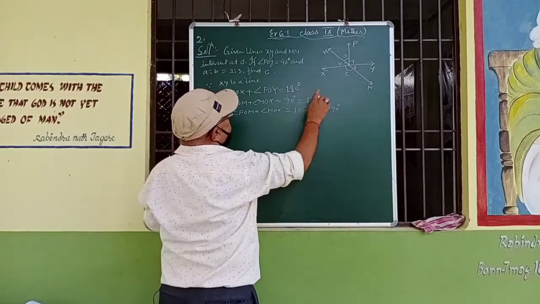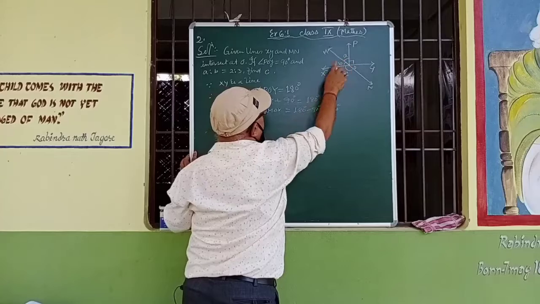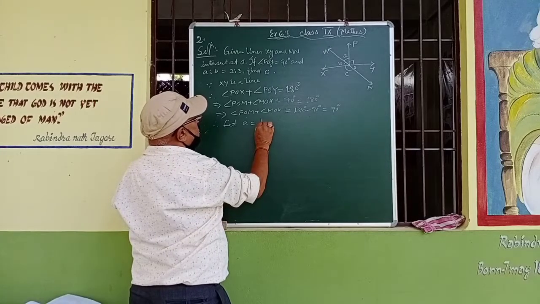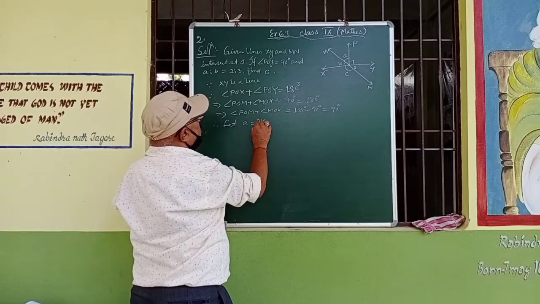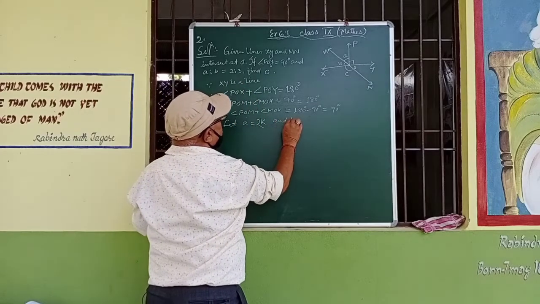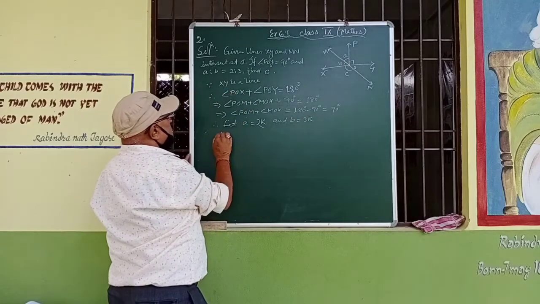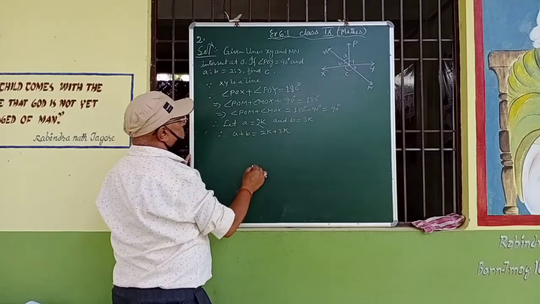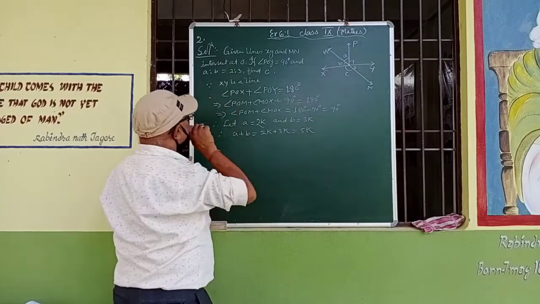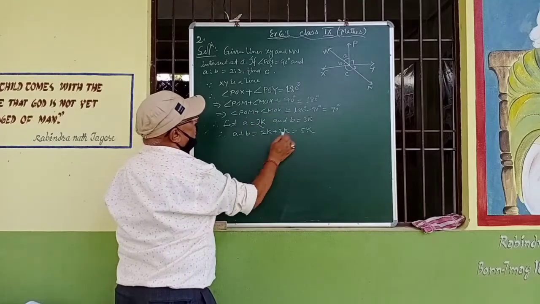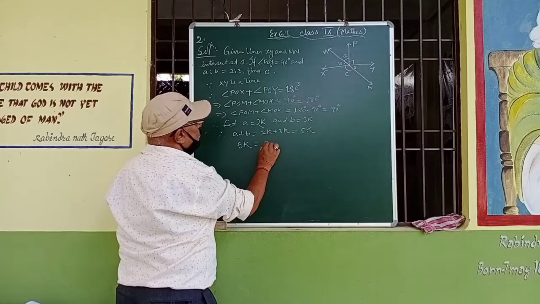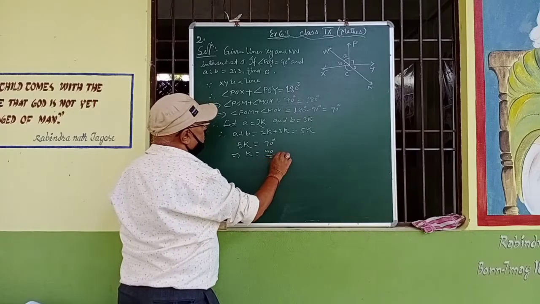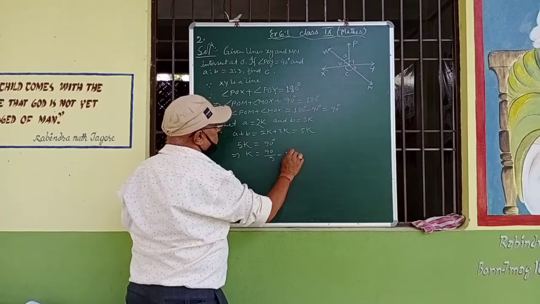But we are given these two angles are in the ratio A and B. Therefore, let A is equal to twice K, and B is equal to thrice K. Therefore, A plus B is equal to twice K plus thrice K is equal to 5K. 5K is equal to 90 degree or K is equal to 90 by 5 is equal to 18 degree.